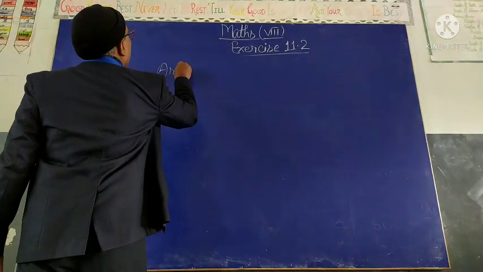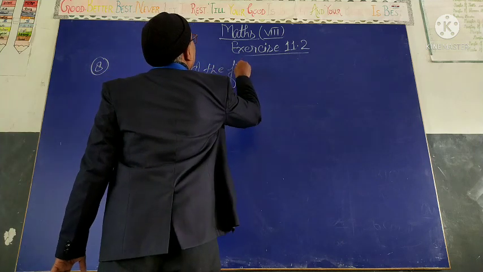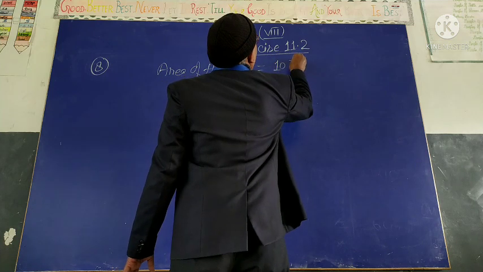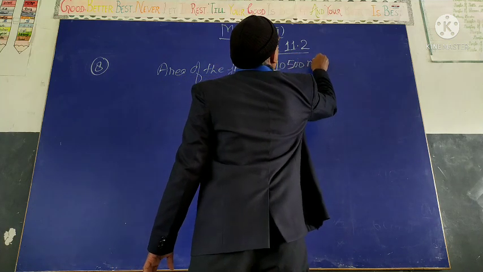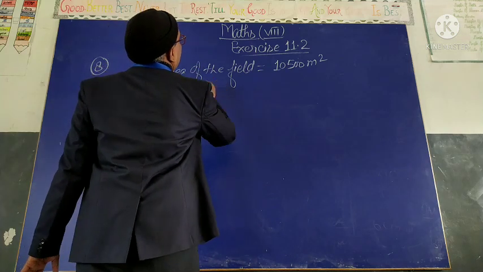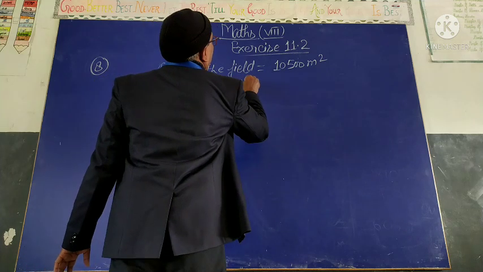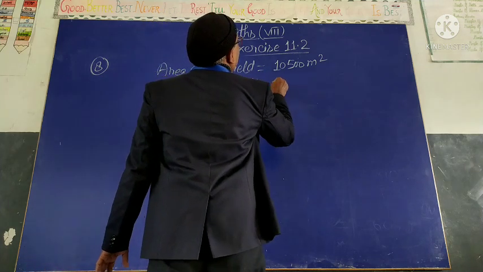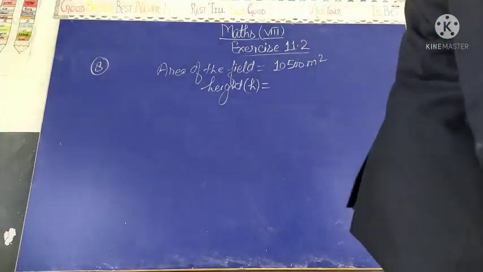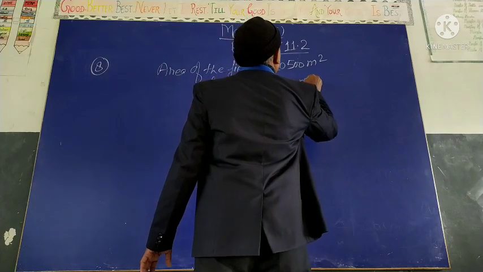Area of the field is equal to 10,500 meter square, and height, distance between two parallel sides, that is height h, is given 100 meter.